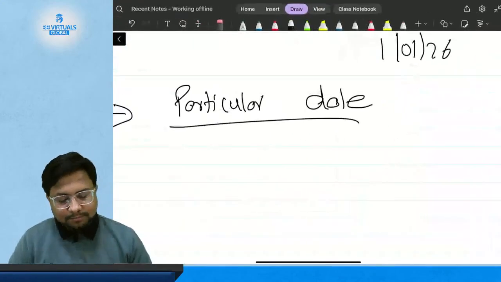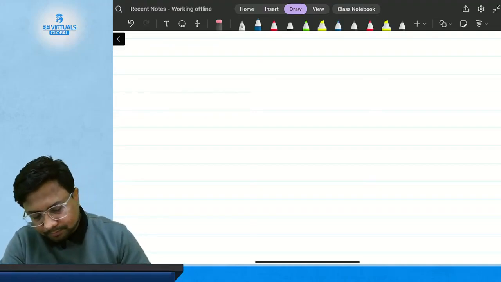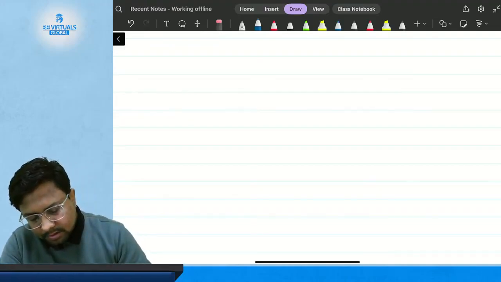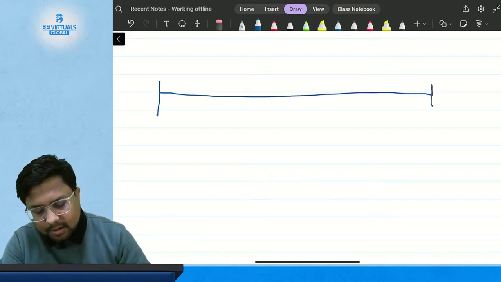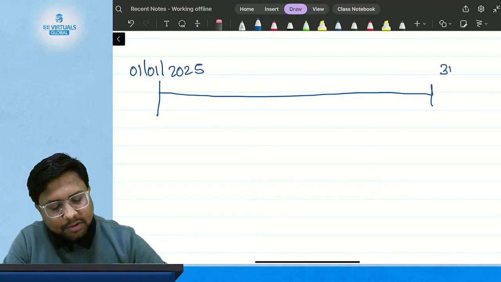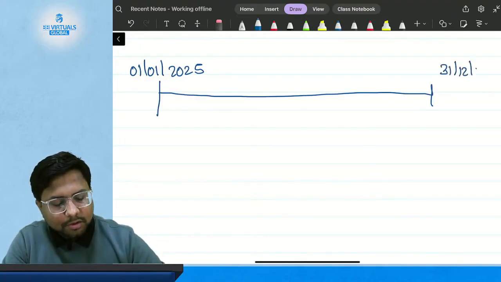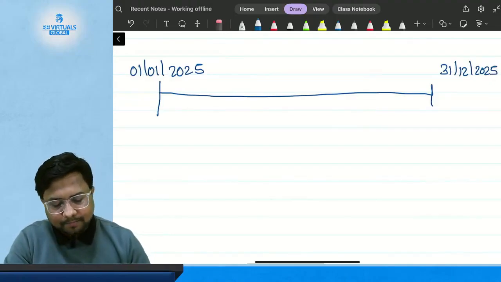Now what does that mean in detail? Suppose this is my year. My year starts from 1st of January 2025 and ends on 31st of December 2025. This is my complete 12 months of period.